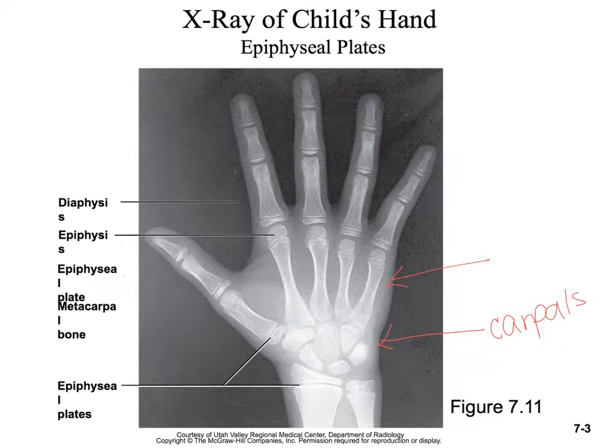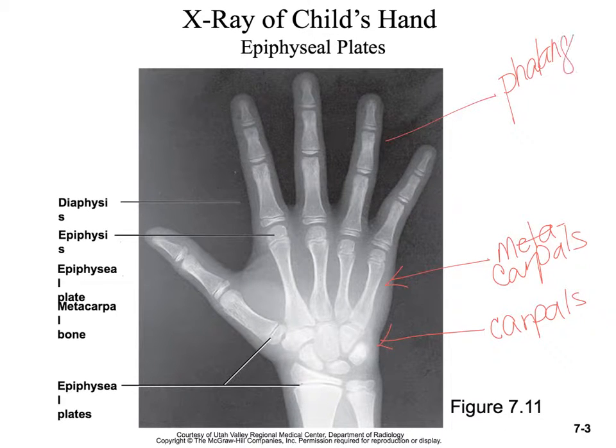Then you have your bones of the hand, also known as the metacarpals. And then your finger bones, which are also the same name if they're the toe bones, are going to be your phalanges. So those are just a little review.